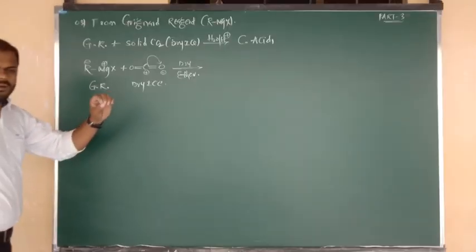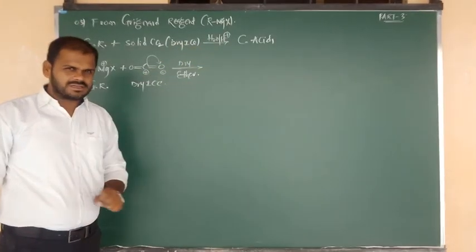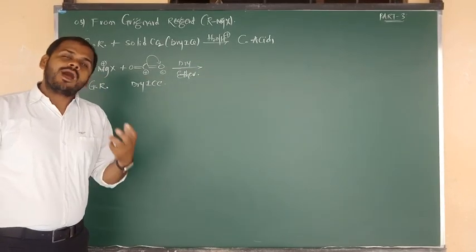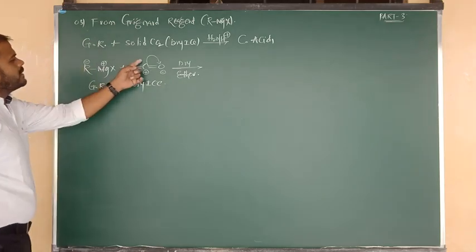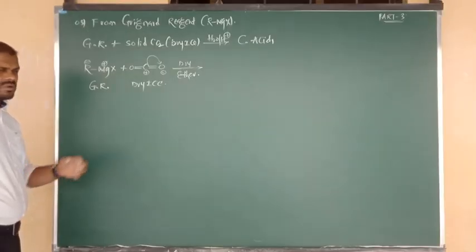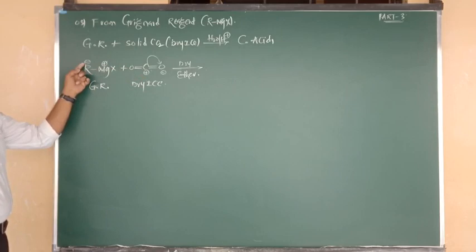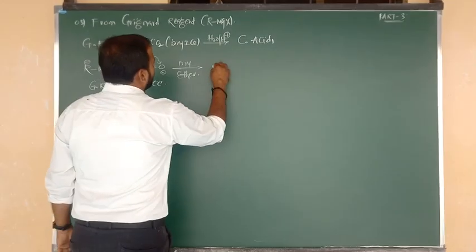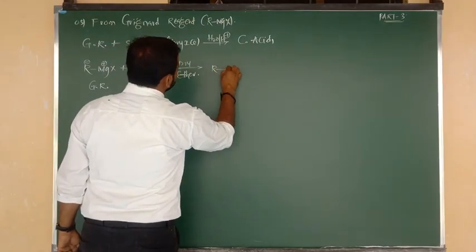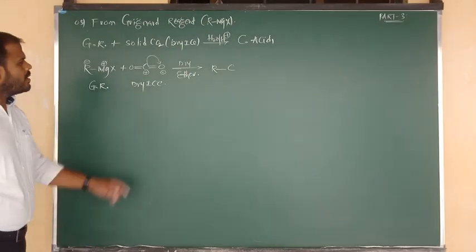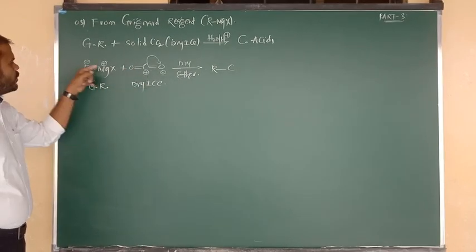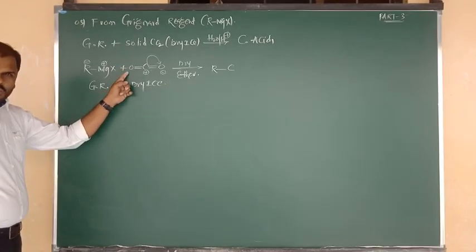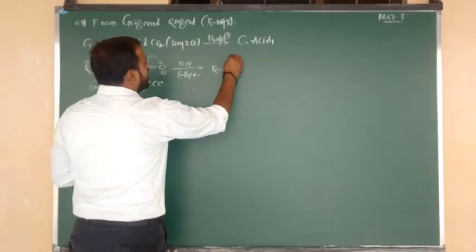Now we are going to get one unstable intermediate, that is the addition product. How to write the addition product? Central C carries positive charge, so it is attacked by negative, that means R minus attacks the central C. After that, the C double bond O group on the left side we write as it is.